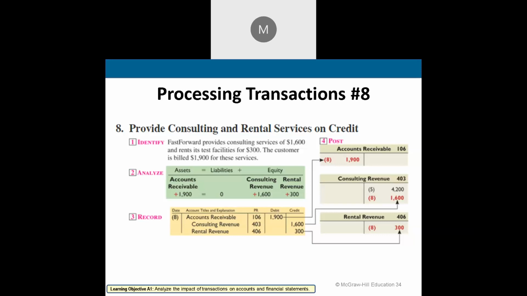Notice how there's two different revenue accounts? One is for consulting, one is for rental. In any business, if the business provides more than one type of service, you must record those revenue streams.